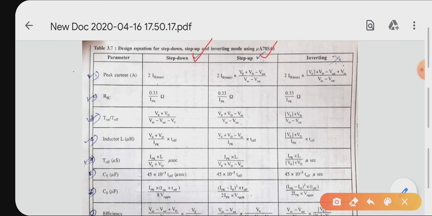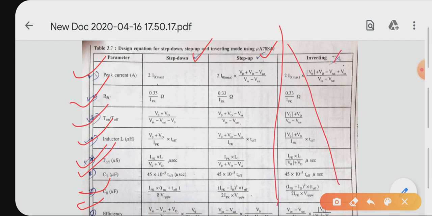These 8 formulas you have to remember: peak current, RSC, T on by T off, inductor L, T off, CT, CO, and efficiency. These 8 formulas you have to remember, okay, from this table, which I have also provided in the notes also, and here also I will provide with the PDF.